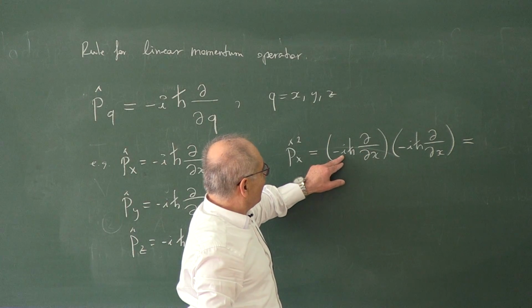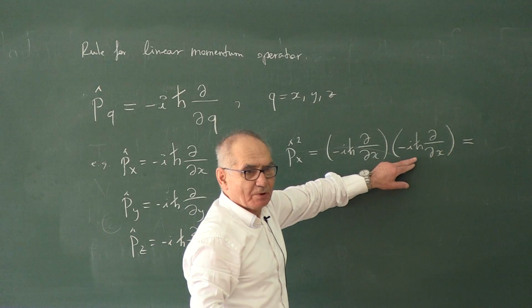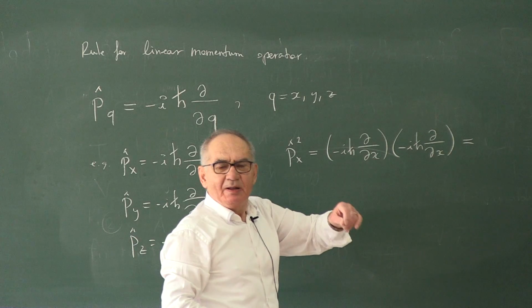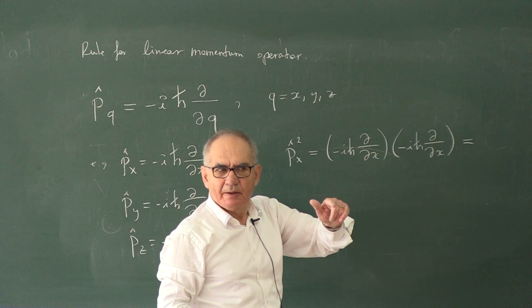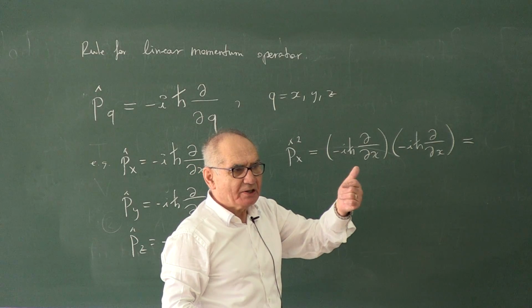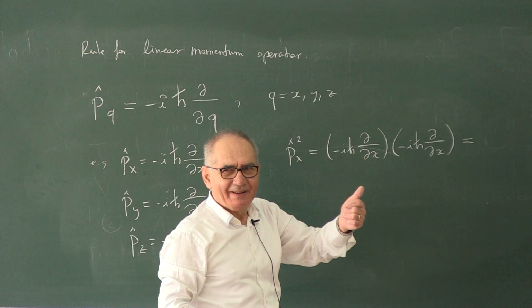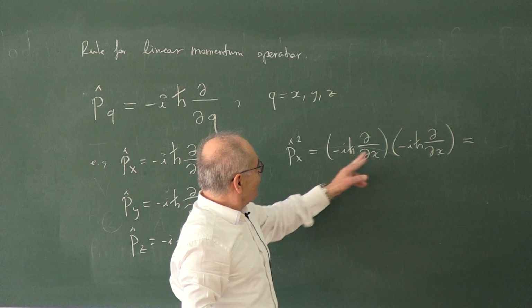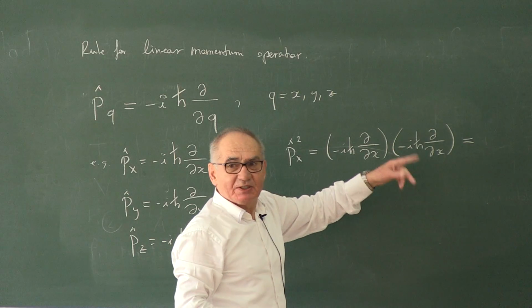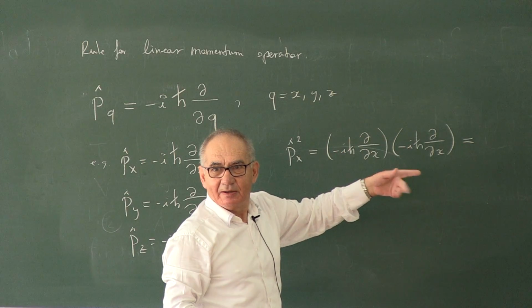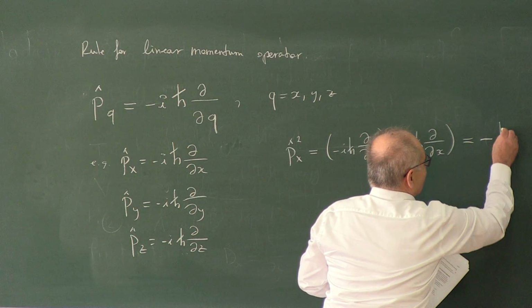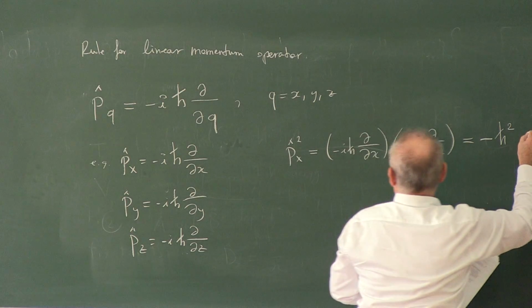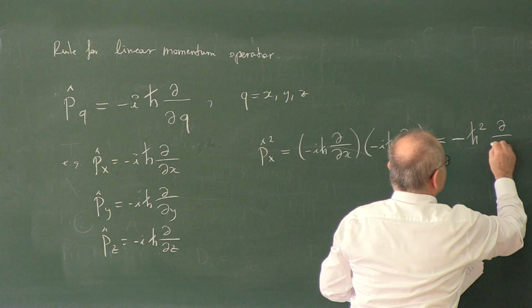These are constants, minus i times h bar. This is also minus i times h bar. Minus i times minus i gives us, simplify, 1 or minus 1. Signs are the same. Minus times minus is plus. i times i, minus 1. So there is an overall minus h bar square. And it is this.